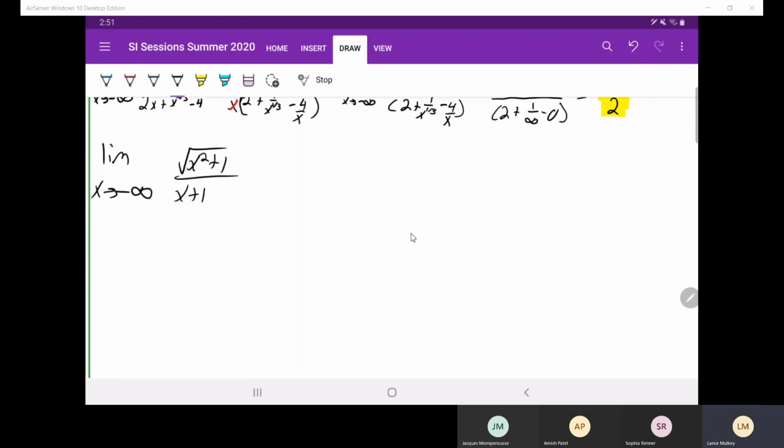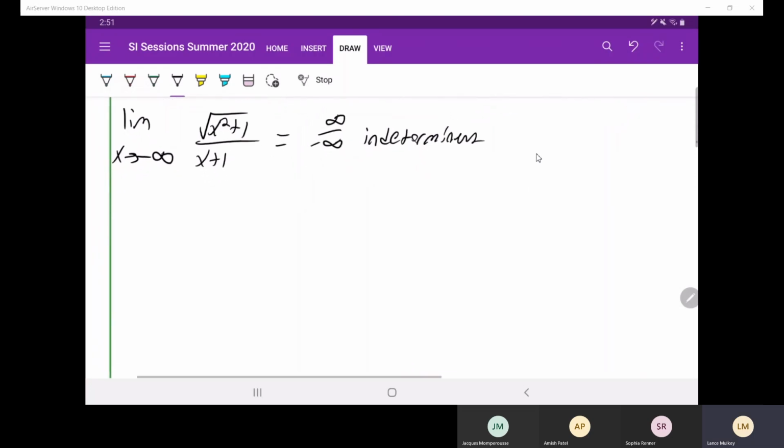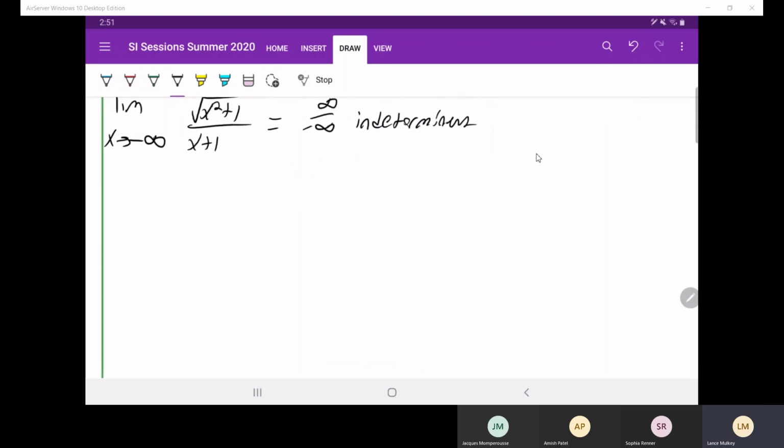So if you plug in infinity here, you end up with infinity over negative infinity, which is indeterminate. What we have to do here is divide by the largest exponent in the denominator.